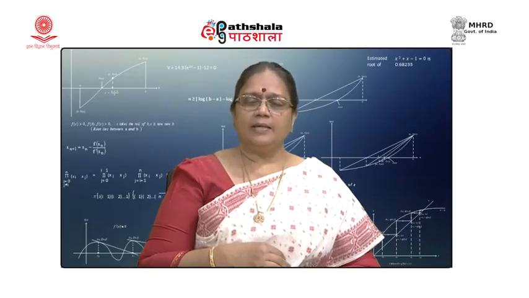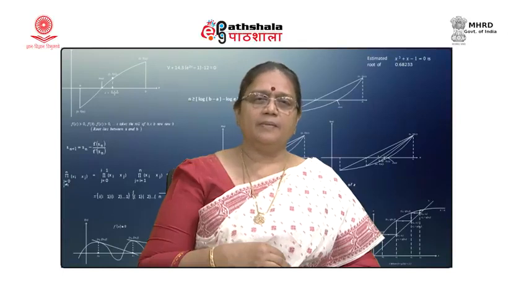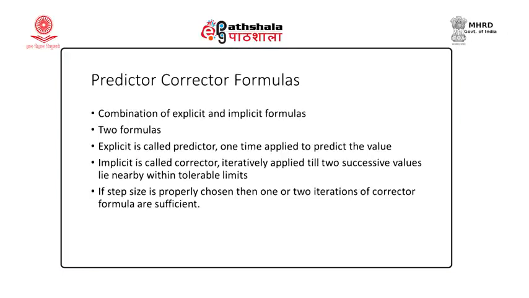The explicit formula, like Adams-Bashforth, is used as a predictor, applied one time to predict the value, and the implicit formula is called the corrector. It is iteratively applied till two successive values lie nearby within the tolerable limits.